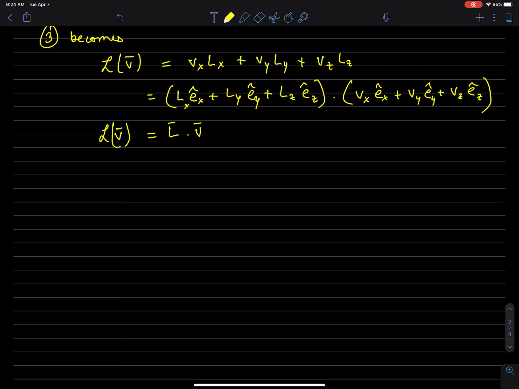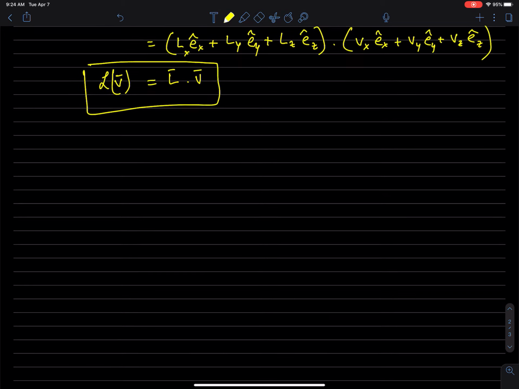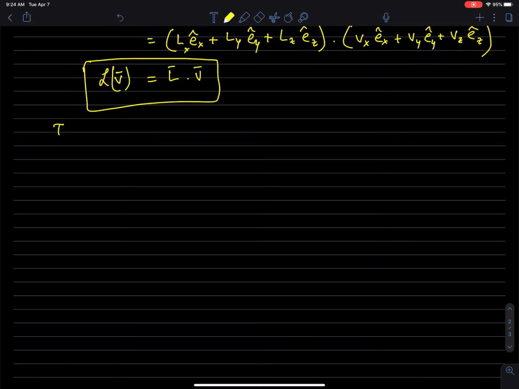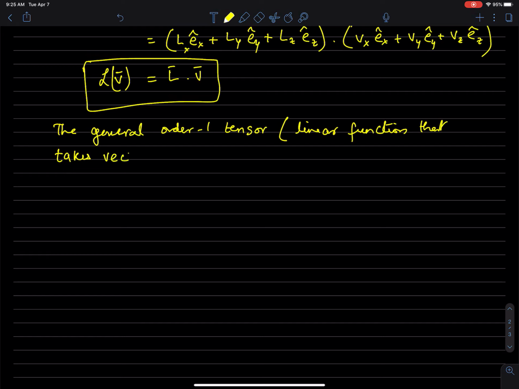So the most general order 1 tensor, by which we mean something that takes a vector to a scalar, is a dot product.